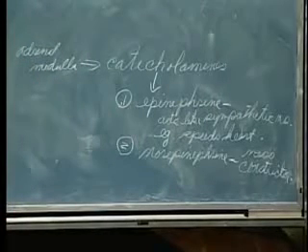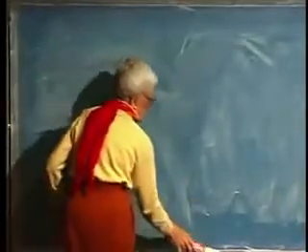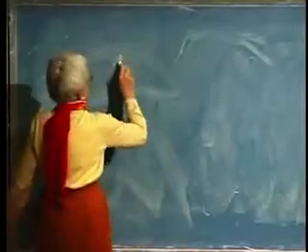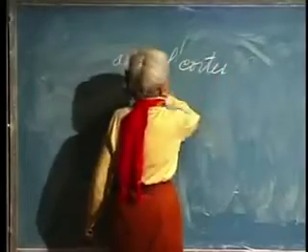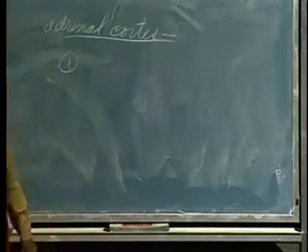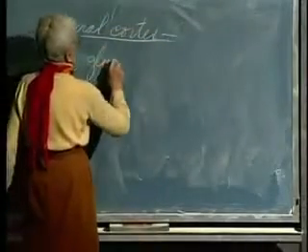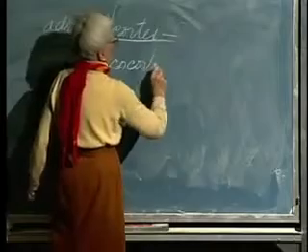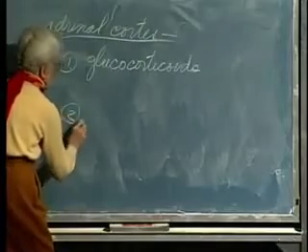Now, the majority of the adrenal will be the adrenal cortex. And it will have two main classifications of hormones. We'll have the glucocorticoids and the mineralocorticoids.